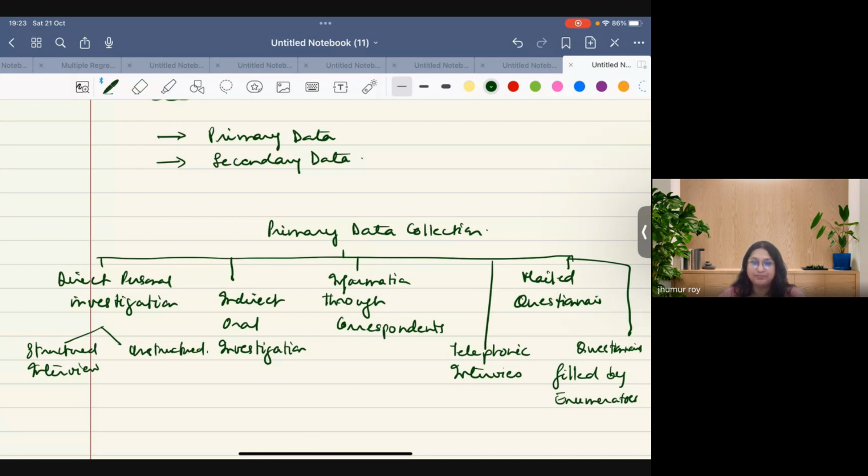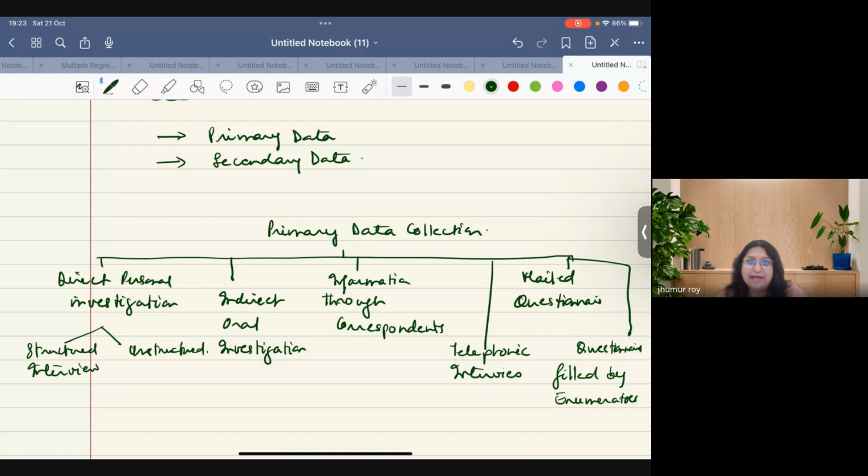You might get an envelope with the mailing address written on it, and that person had to just put it in the mailbox. Not that he had to pay for the mail, but he would have to sit down and solve all the questions and send it back to you. So you find that many times we think, okay, I'll answer it later. Okay, I'll post it later, because I have to make a special effort and go and post it.